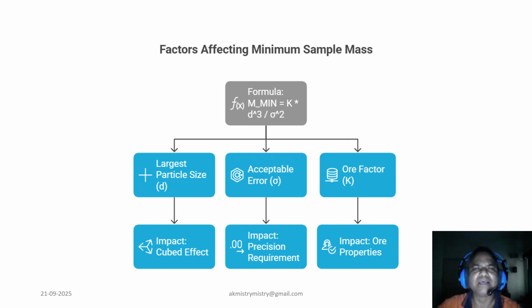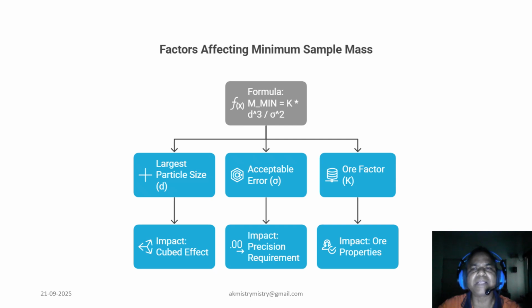So as we can see, these are the factors affecting minimum sample mass. Here is how they play out. First, particle size. A larger particle means an exponentially larger sample mass. So if our particle size is higher, that means we have to collect a larger volume of sample. Second, acceptable error.